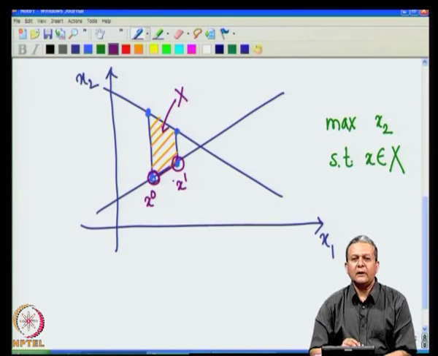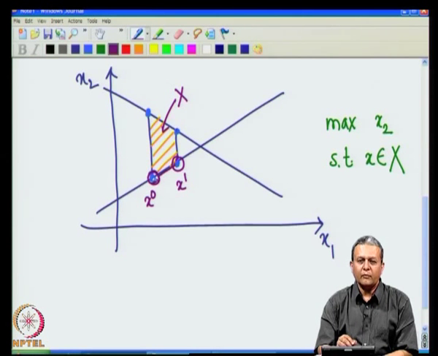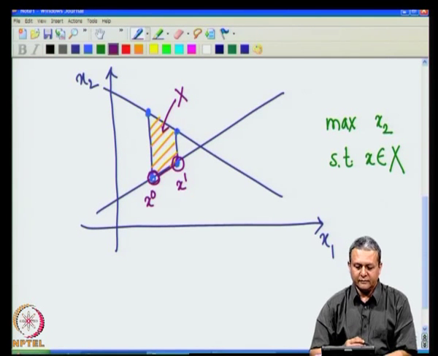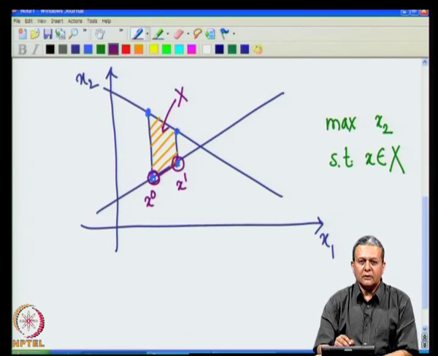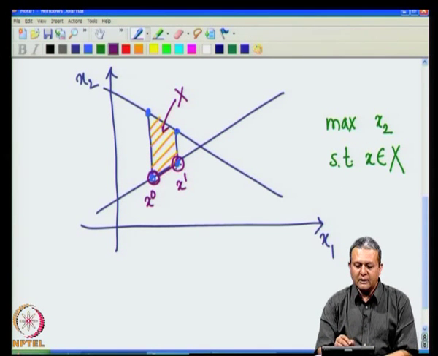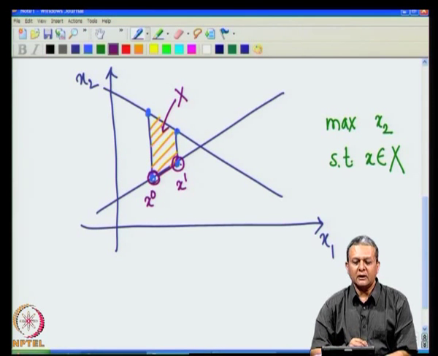We have already seen that when the simplex method moves from one vertex to another, if the solutions are non-degenerate, then the objective function value certainly improves. Since we have moved from this point to this point, the objective function value has improved. In this case, we are talking about a maximization problem, which can be written as a minimization problem. So, in going from x0 to x1, the value of x2, the second variable, has increased.